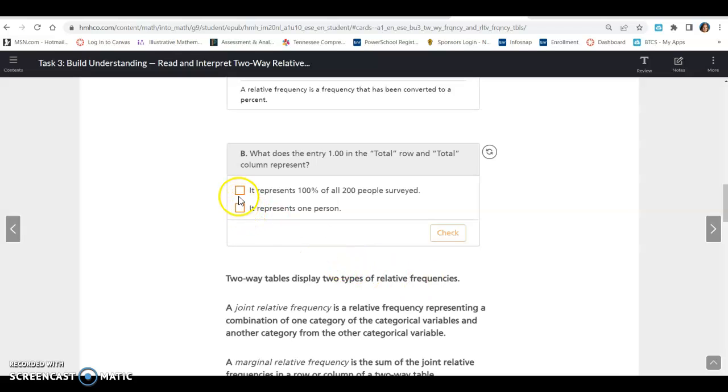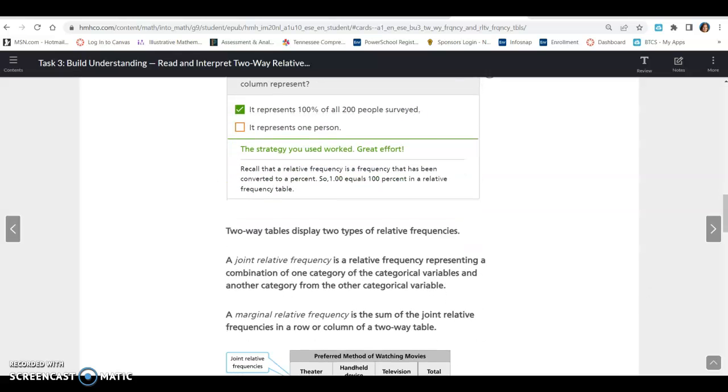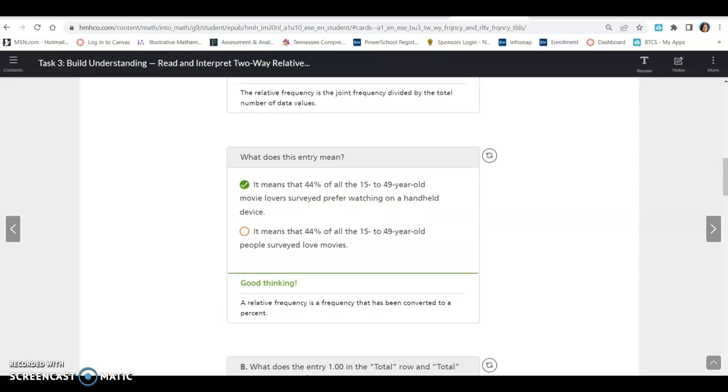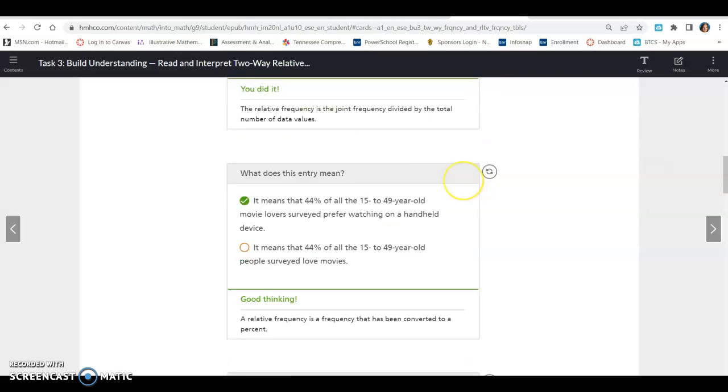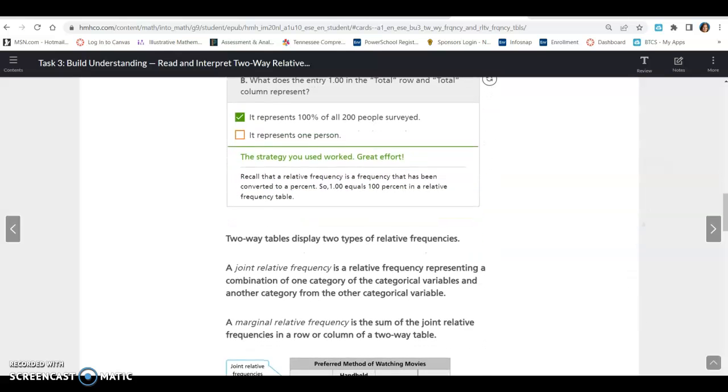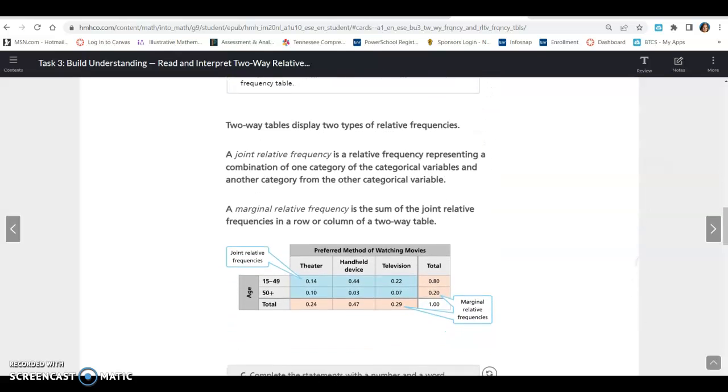It represents 100% of the 200 people surveyed. Remember that the columns and the rows have to total the number. In the other table, this had to equal 200, and all of these added together had to equal 200. So that's why these percents also have to equal 1. So it represents the total of the 200 people surveyed.